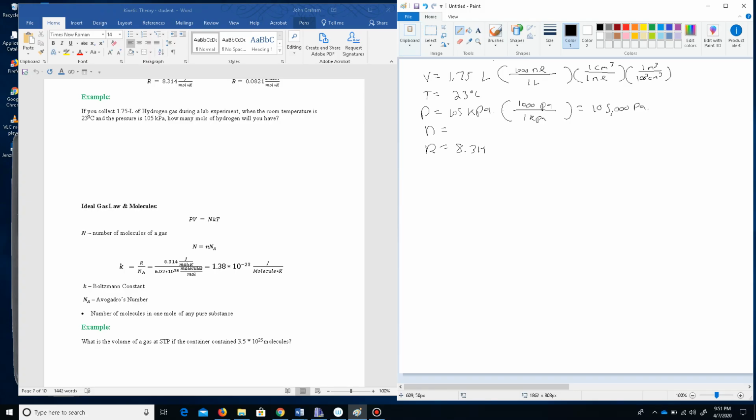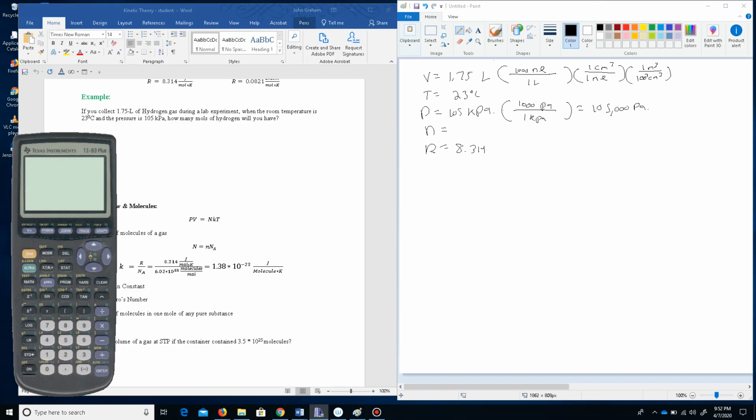Let me do it on the other calculator so you can see. 1.75 times 1,000, that's converted to milliliters, divided by 100 cubed. You get 0.00175.